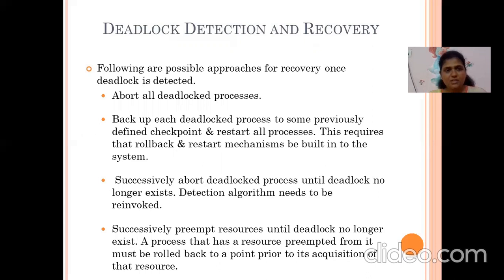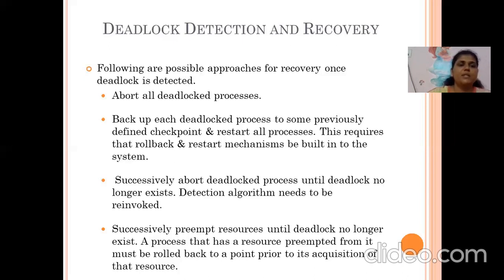And third is deadlock detection and recovery. If somehow a deadlock has occurred in your system, you have to detect at what point the deadlock is there, and you have to recover from that deadlock so that the system's performance will not be reduced.